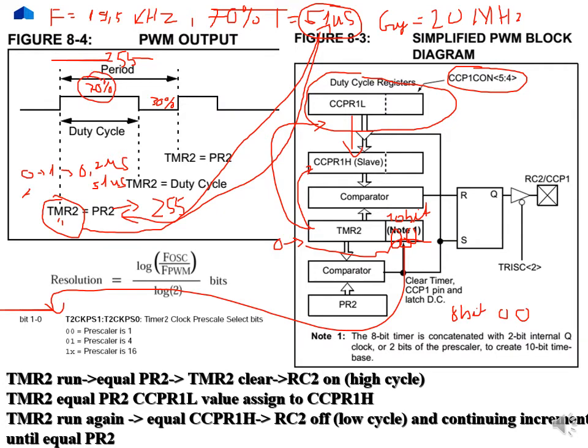So timer 2 will count from 0 to CCPR1H here. If we want 50% duty cycle, what is 50% of 255? 50% here will become 178. So 178 here we give to timer 2.